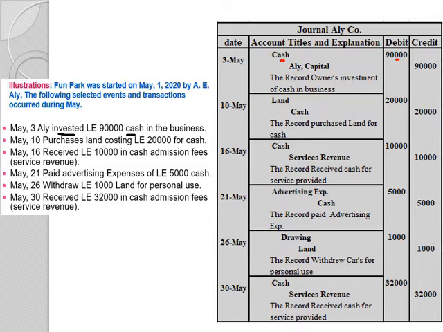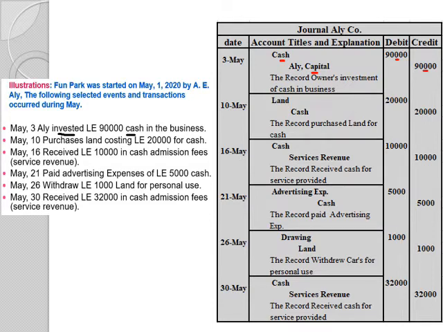Invested £90,000 cash in the business: capital, owner's equity, increases. Capital's normal balance is credit, capital increase, recorded in the credit side and the amount in the credit column.